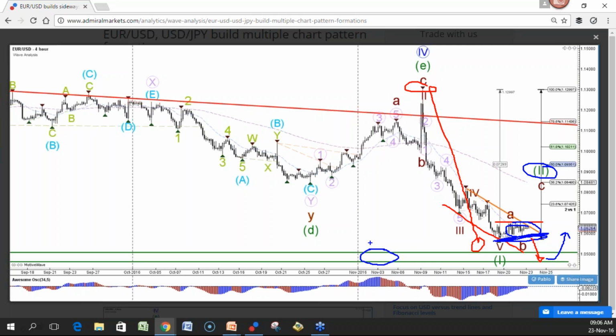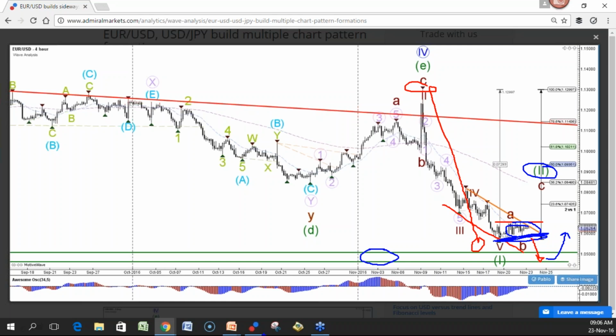And I would be looking for smaller patterns on the hourly chart and 15-minute chart below 104, 105, 104.60 for follow through to the downside. I then don't necessarily expect a deeper wave 2 green pullback anymore. So that's when price breaks below the green.